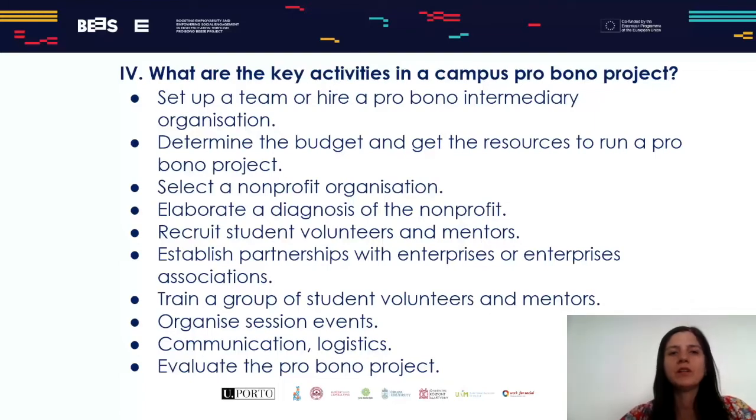Once you have the team, the next step should be to determine the budget and get the resources to run a pro bono project. And after this, you can do the selection of the non-profit. This step is very important because we have to understand what are the resources that the university can offer to the non-profits.